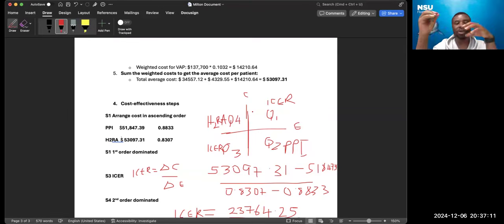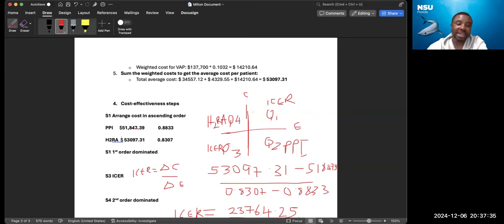So you pay this extra amount to get this extra benefit. If it is in the third quadrant, it's the same thing. But in the fourth and the second quadrant, we don't say that. We just say that, for example, the H2 array is dominated or the PPI is dominant over the H2 array.